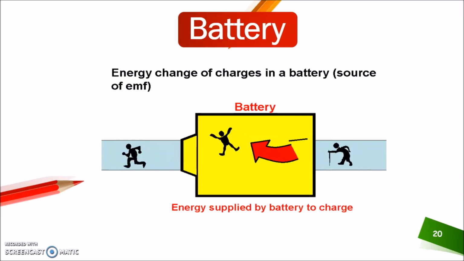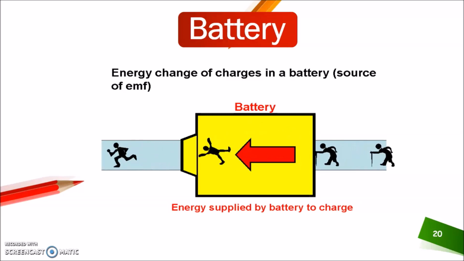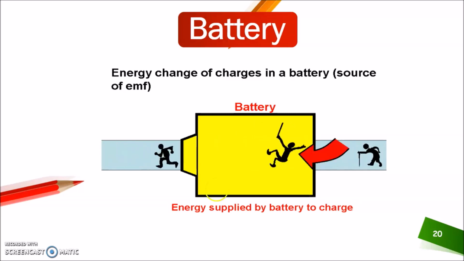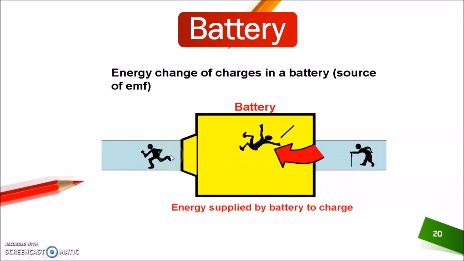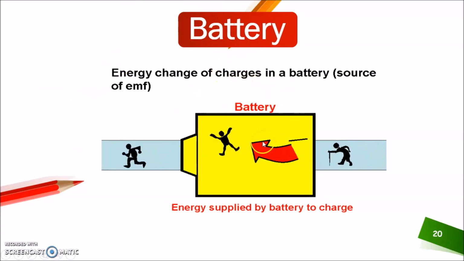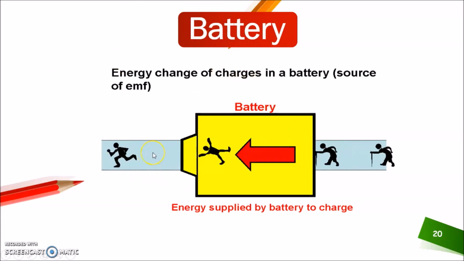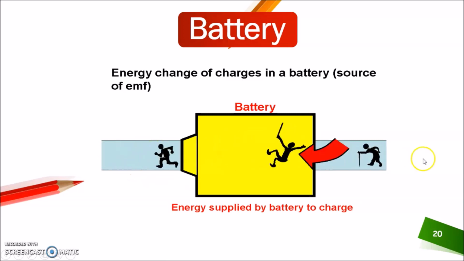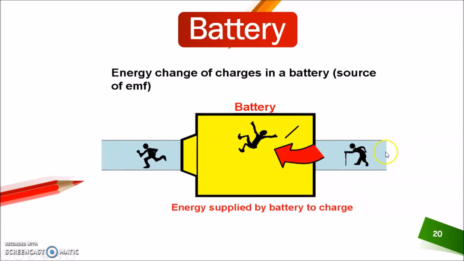Or we can say that when an electron comes running in a circuit near to the battery like this, its energy is almost exhausted. You can see here.